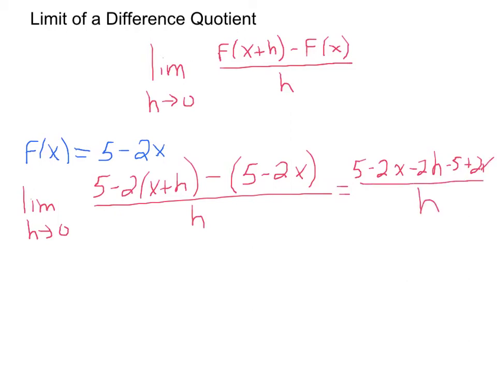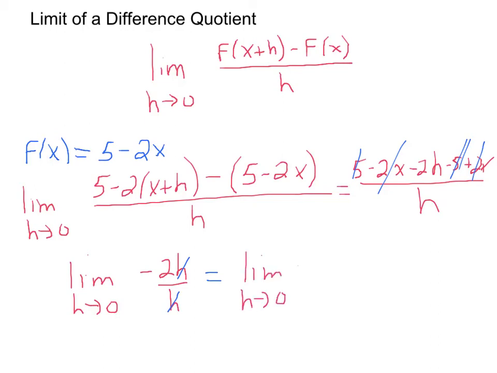Well, we can see that our 5's going to subtract out, our x terms are going to subtract out, and I'm left with the limit as h approaches 0 of negative 2h divided by h, but now my h's also divide out, which means I'm left with the limit as h approaches 0 of negative 2. Well, there is no more h, so that's just going to give me a value of negative 2.